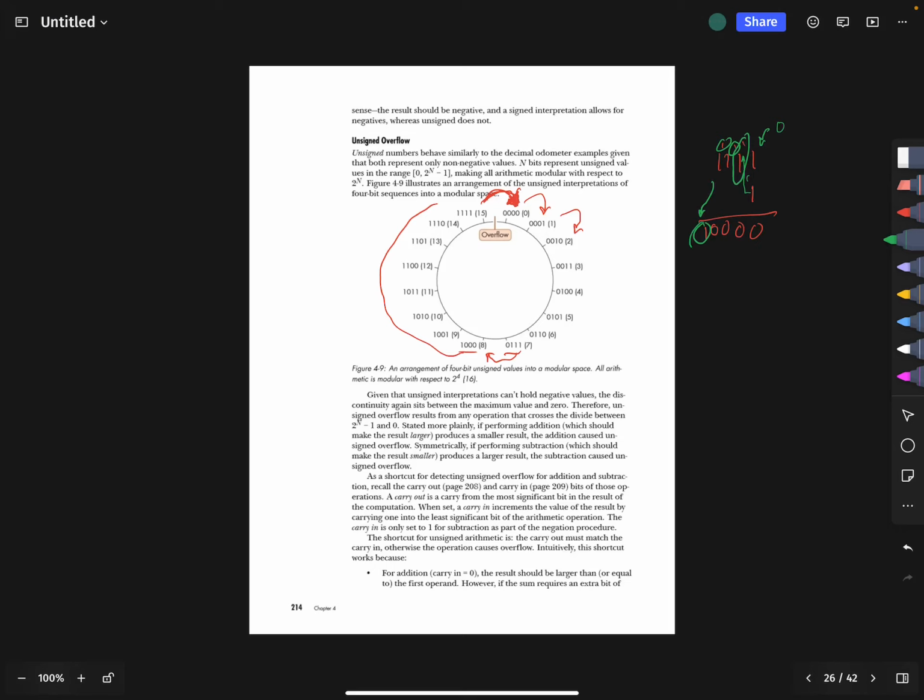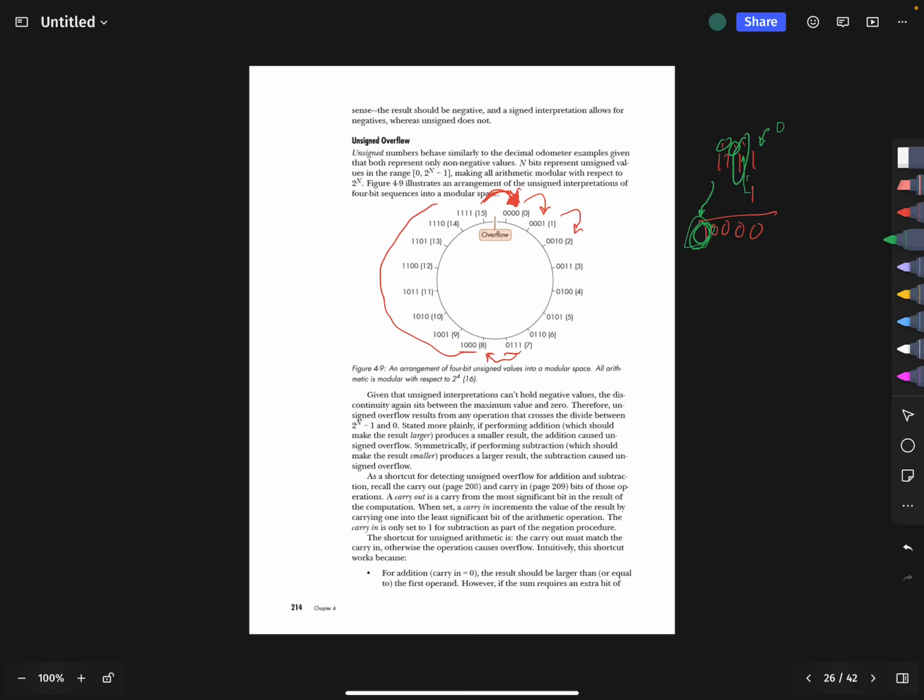So if we wanted to characterize an overflow for an unsigned integer using addition, the rule is that there is an overflow precisely when the carry out is equal to 1. That is different from what we discussed in the previous video, the addition rule for signed integers using 2's complement, which is that the carry in must match the carry out.